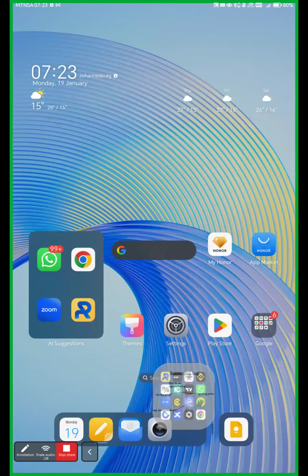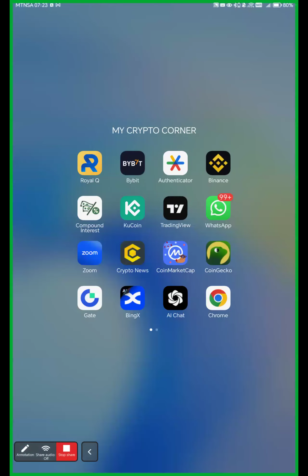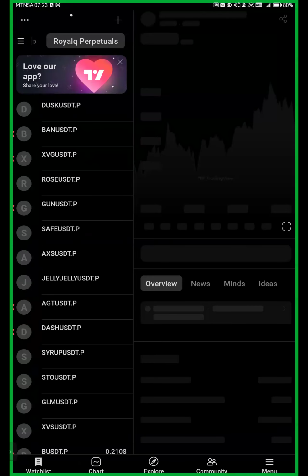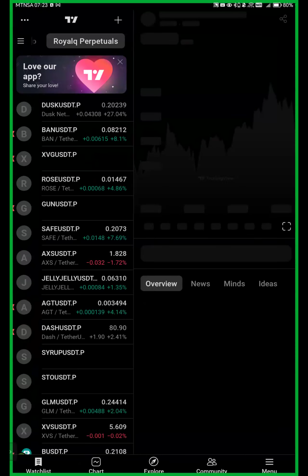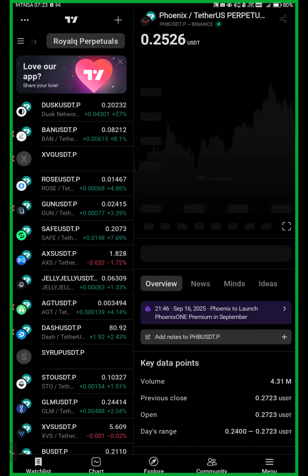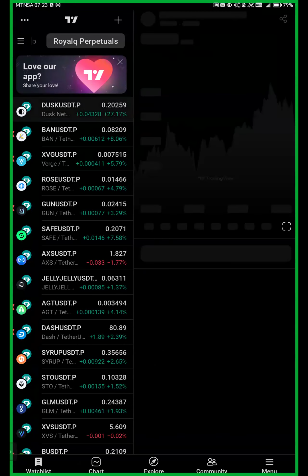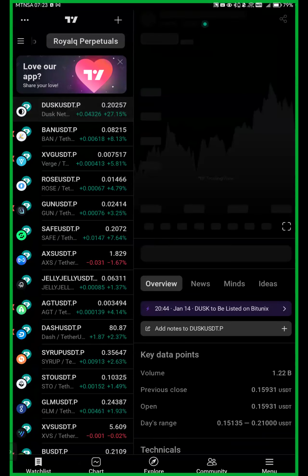All right. Can I go to TradingView quickly? I hope it's going to open quickly. Let me see if it opens so that we can see a long lower shadow signifying buyers rejecting the price. Maybe let me look at this one called Dusk.